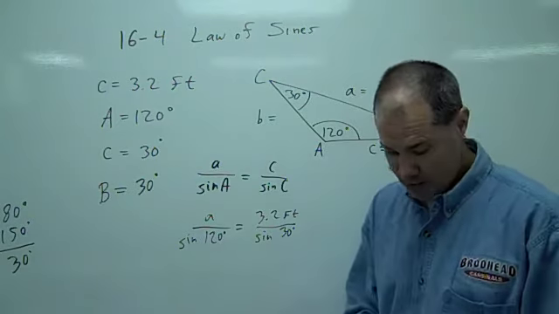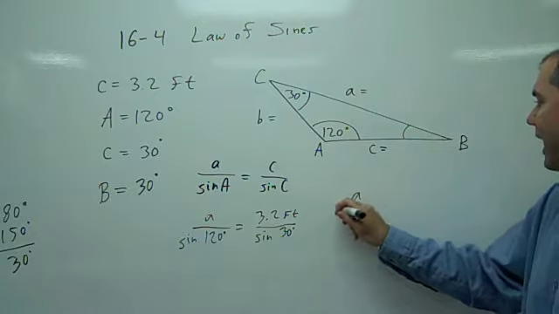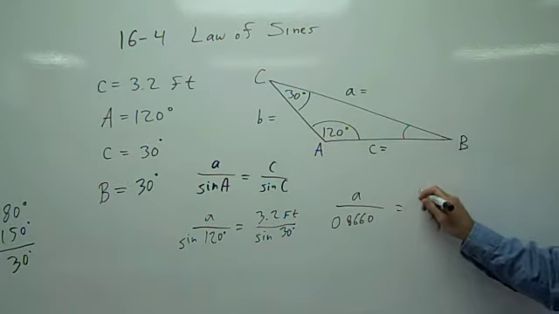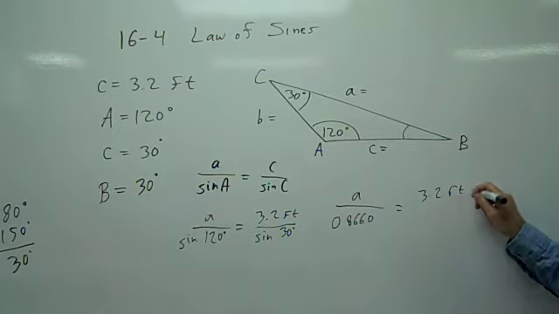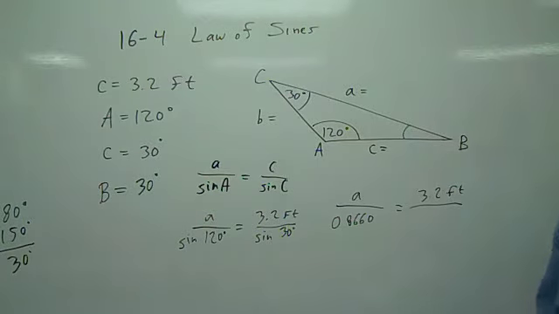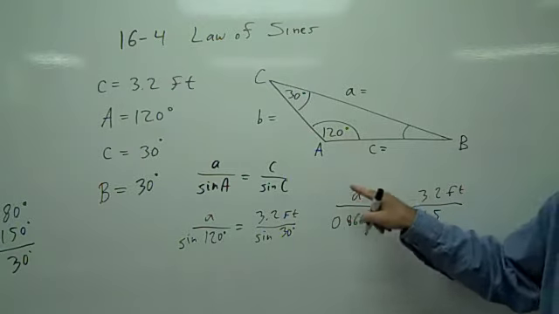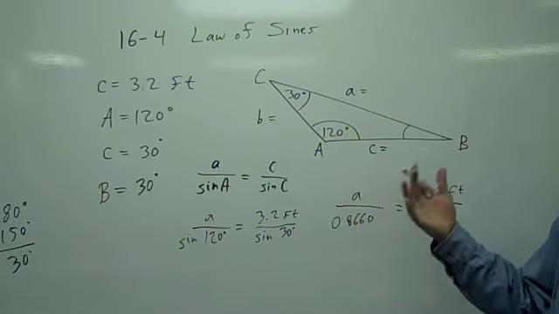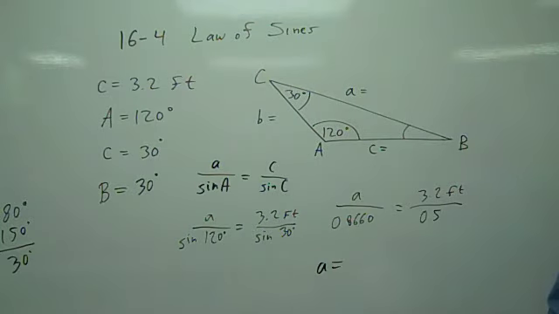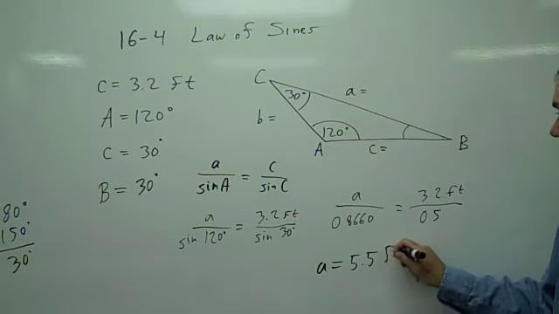Sine of 120 degrees is 0.8660, so we have a over 0.8660 equals 3.2 feet over sine of 30 degrees. Sine of 30 degrees is 0.5. When you solve this proportion for a, which we taught in another section, you obtain a equals 5.5 feet.